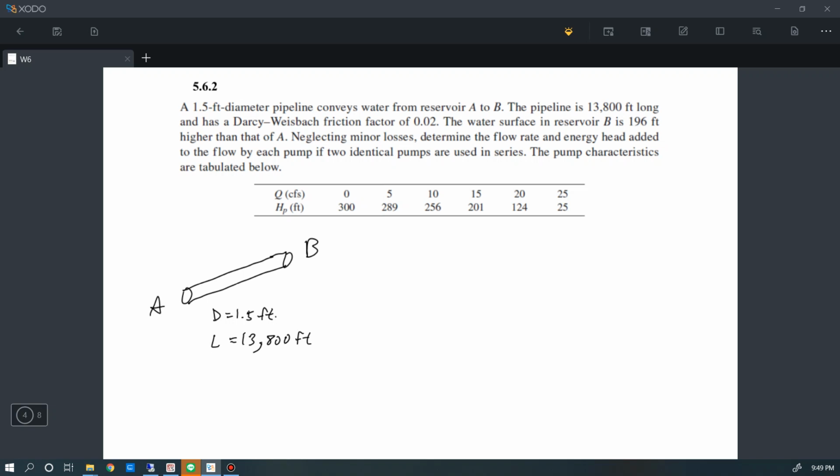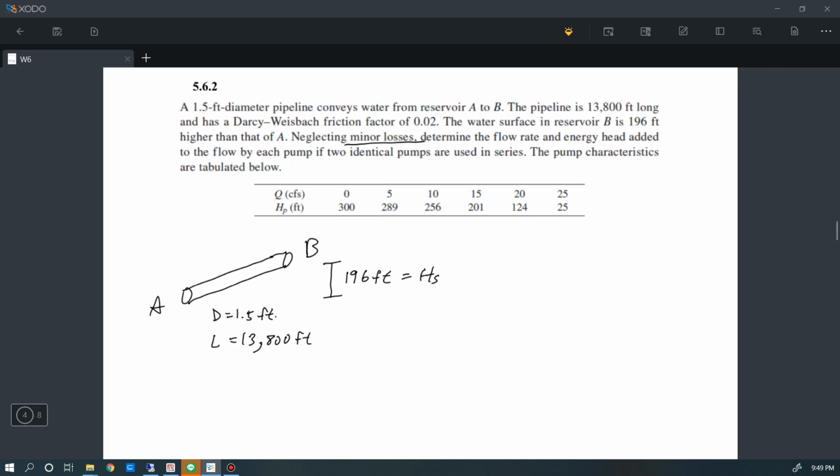And the elevation difference between reservoir B and reservoir A is equal to 196 feet, which we denoted as HS. And we neglect the minor losses.